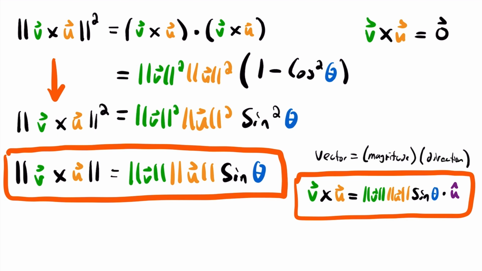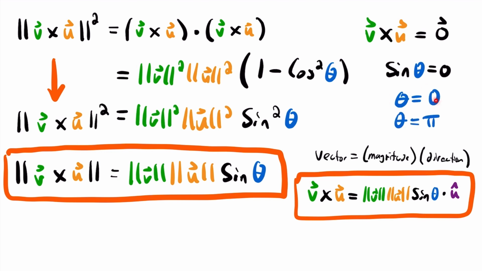So if we take a look at that real quick, when will sine theta be equal to 0? When does that happen? Well, if we're just looking at angles of theta between 0 and pi, because those are the only angles we look at for the angle between two vectors, sine of theta is only equal to 0 when theta equals 0 and when theta equals pi.